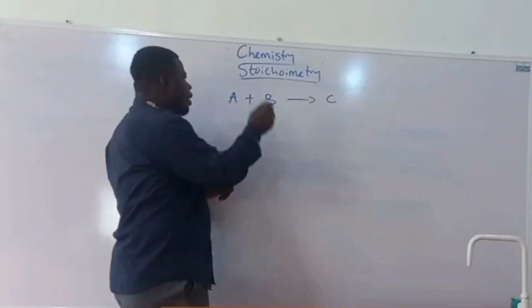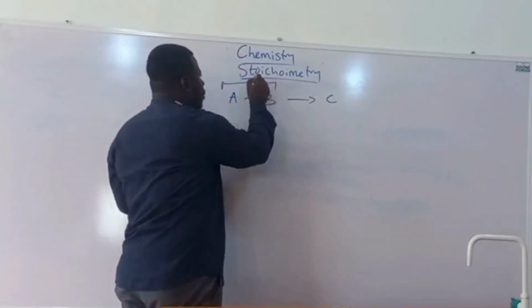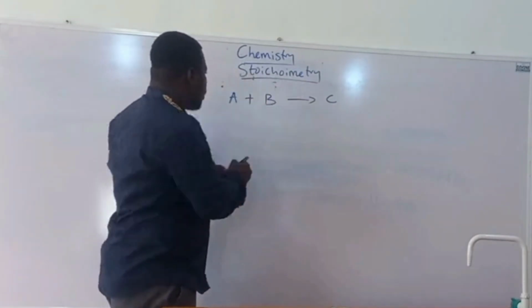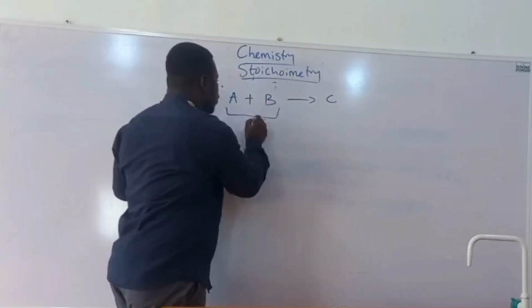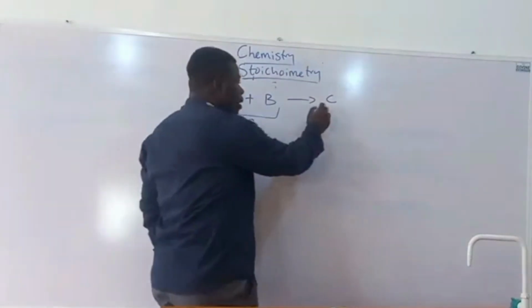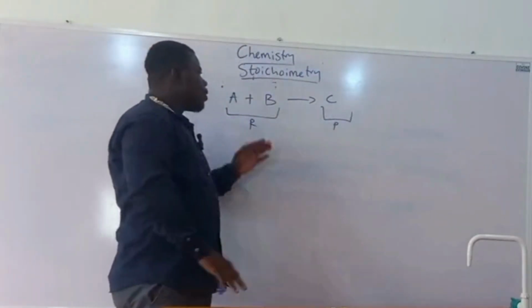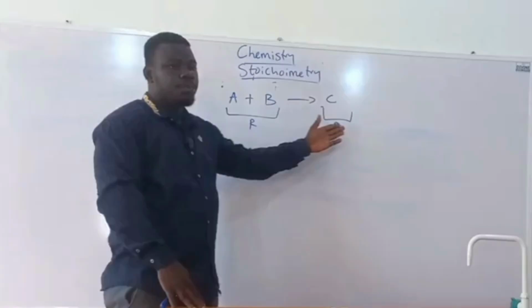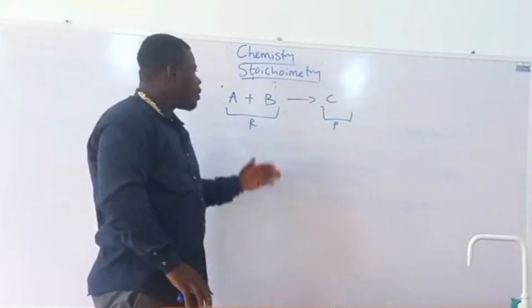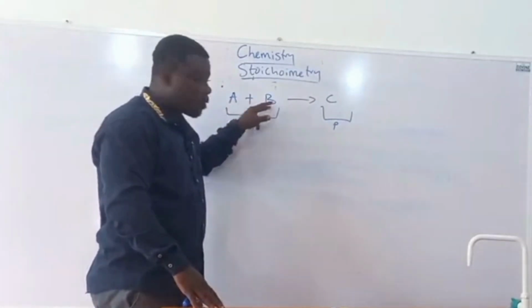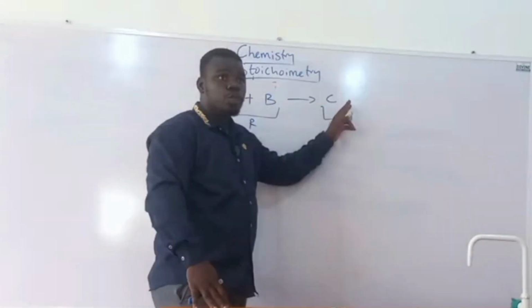Of course, we know from the beginning of chemistry that the left-hand side is always the reactant and the right-hand side is always the product. There's a relationship between the reactant and the product. What is the relationship? We see that the reactant disappears for the product to appear.